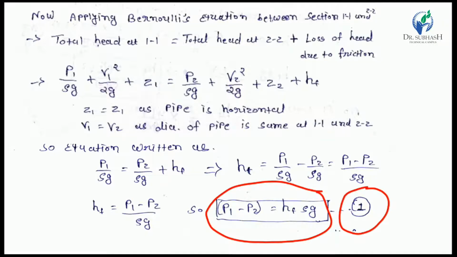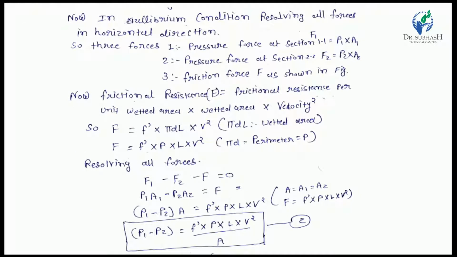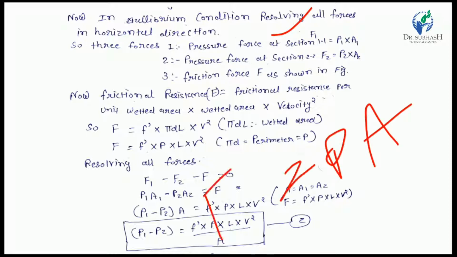Now in an equilibrium condition, resolving all forces in the horizontal direction, we have three forces: pressure force at section 1, pressure force at section 2, and frictional force. First, we know that pressure force F is equal to pressure into area.